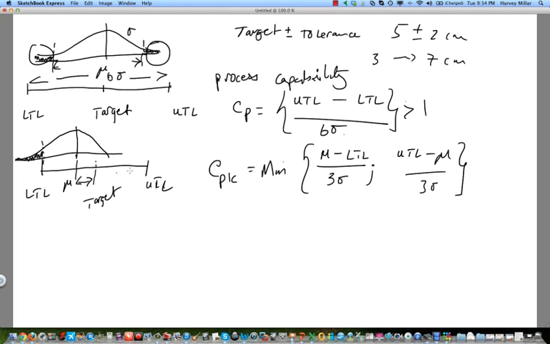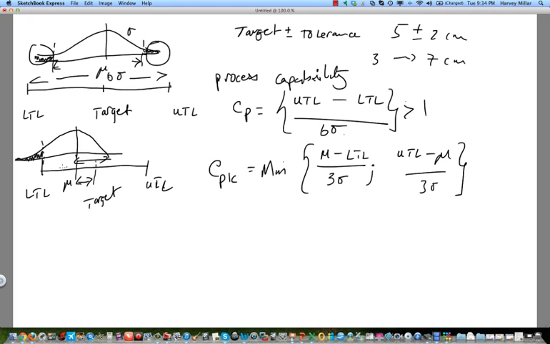If you look at the case of the right side tolerance here, we'll be looking very good, right? Because the 3 standard deviations from here to here, that 3 sigma, is a lot smaller than the difference between that mean and that upper tolerance limit. So this part is going to be very large.